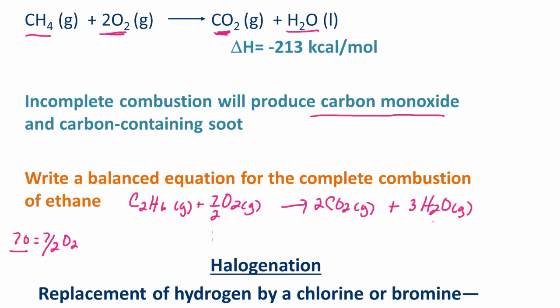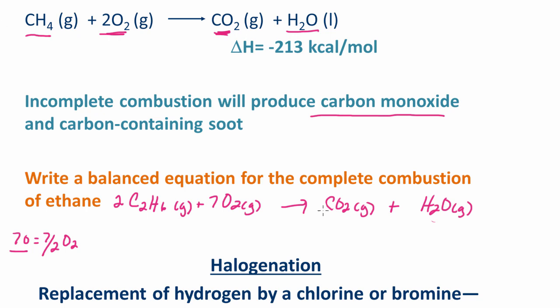Okay, but I can't leave the fraction here. So to clear the fraction, I multiply everything by 2. So I have 2 of these. And then, of course, if I multiply this by 2, I end up with 7 oxygens. And then we'll multiply this and this by 2.